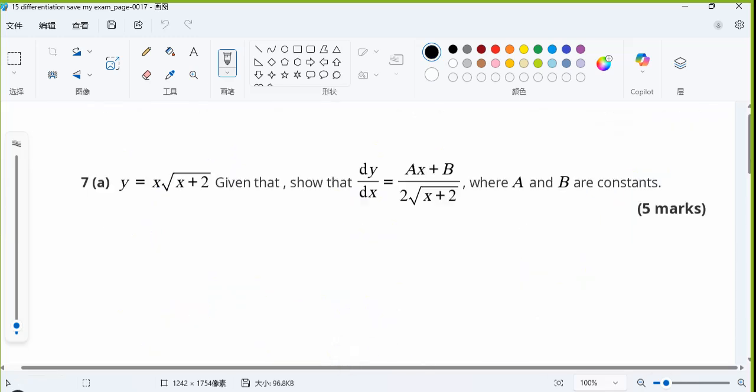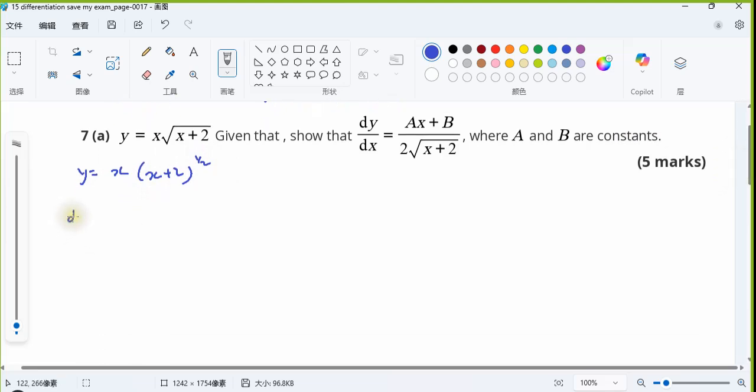Okay. Question number 7. We have y equal to uv. So y prime will be uv prime plus vu prime. And then the y here is x times x plus 2 to the power half. So dy/dx will be x times half times x plus 2 to the power negative half times 1, plus x plus 2 to the power half times 1.